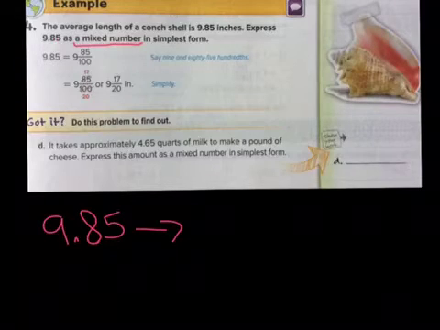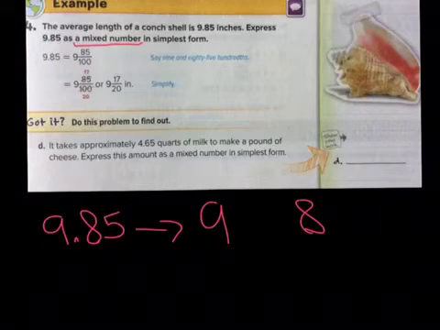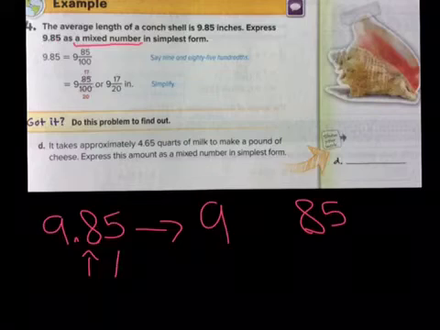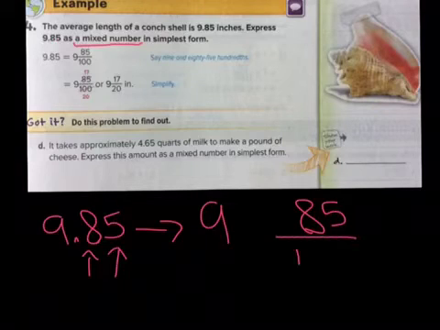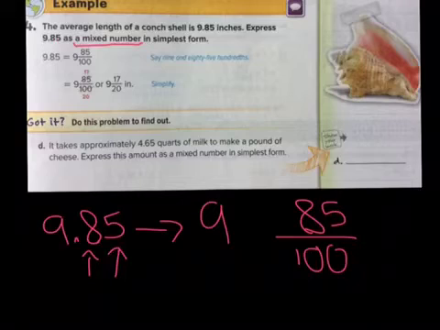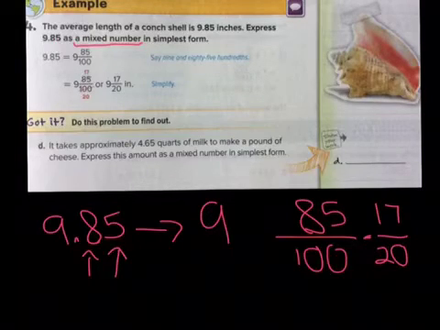Let's separate them into a whole number, which is our 9, and our decimal .85. Well, we know that because it goes from the 10th to the 100th, it has to be over 100, right? Now, what's the greatest common factor of 85 and 100? You don't always have to find the greatest common factor, but you can continue to simplify. I know that over here I have 17 5s, and down here I have 20 5s, right?